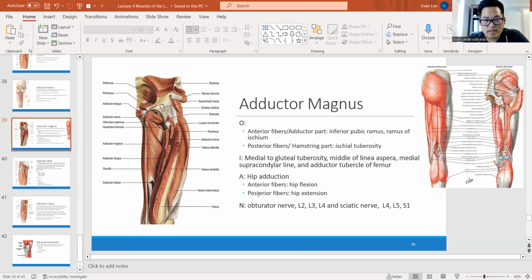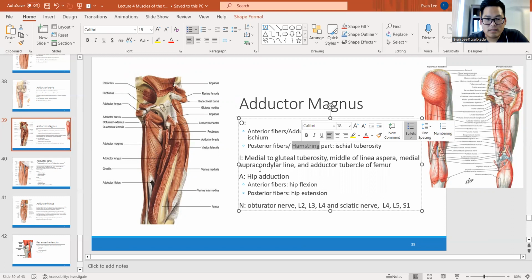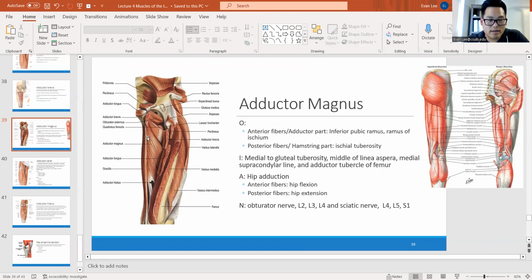But the posterior fibers, or rather the hamstring part, is going to go all the way down to the bottom of the femur. So it's going to be going to the adductor tubercle of the femur on the distal end. And this is going to help it to do hip extension.